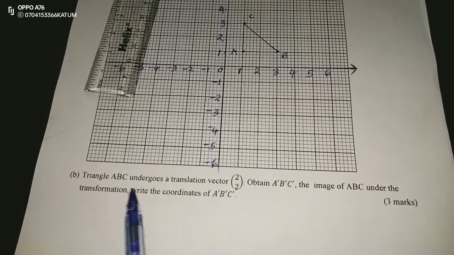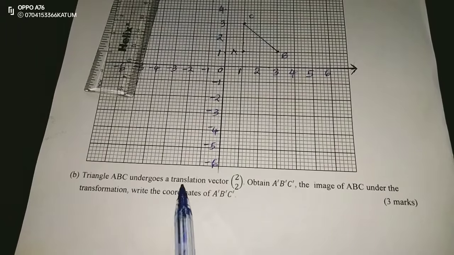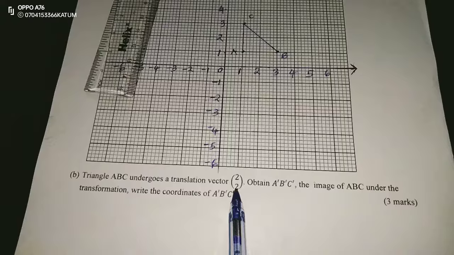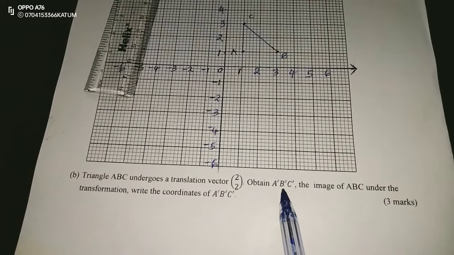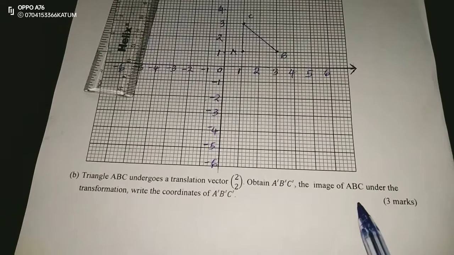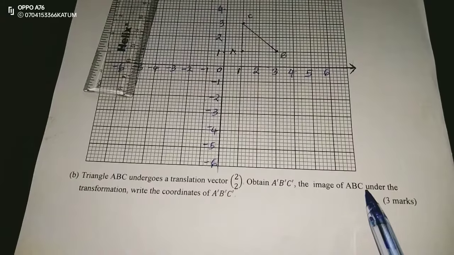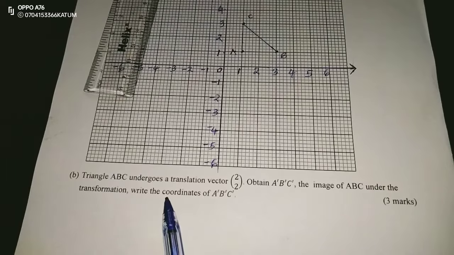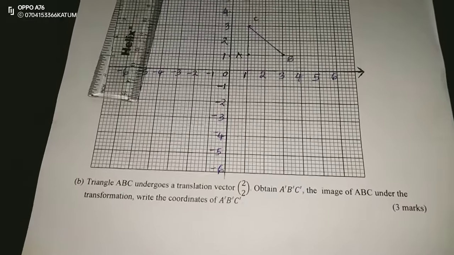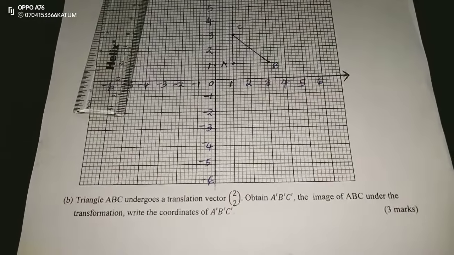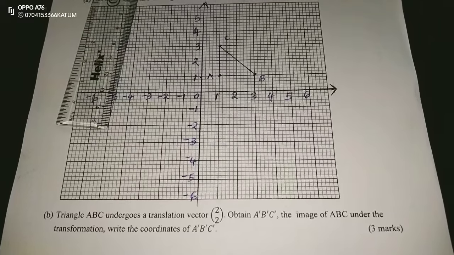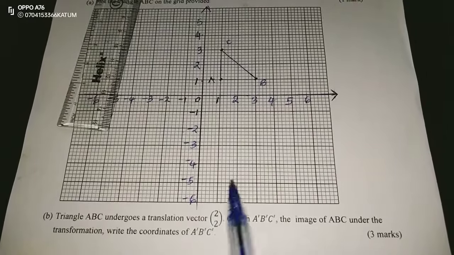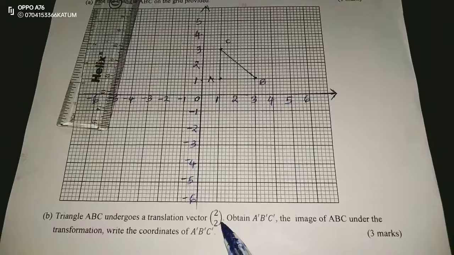Part B, triangle ABC undergoes a translation by vector (2,2). Obtain A', B', C', the image of ABC under the transformation, then write the coordinates of A'B'C'. So for the triangle undergoing a translation, we're going to carry out the transformation.